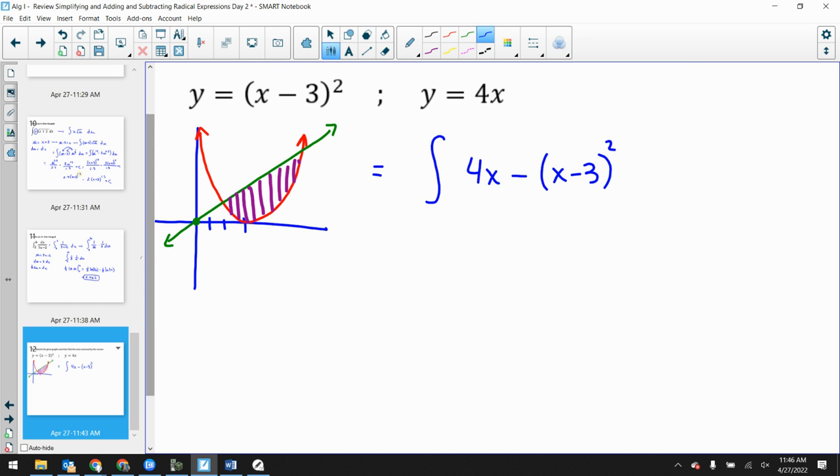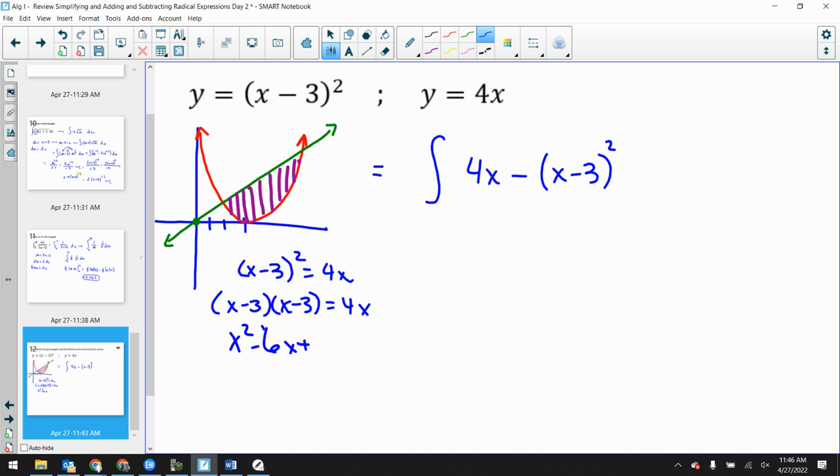What we want to do is really set these two things equal to one another. We want to find when x minus 3 squared is going to be equivalent to 4x. We can solve that. Just FOIL this guy. Okay, x squared, we've got a minus 3x and a minus 3x, so minus 6x.